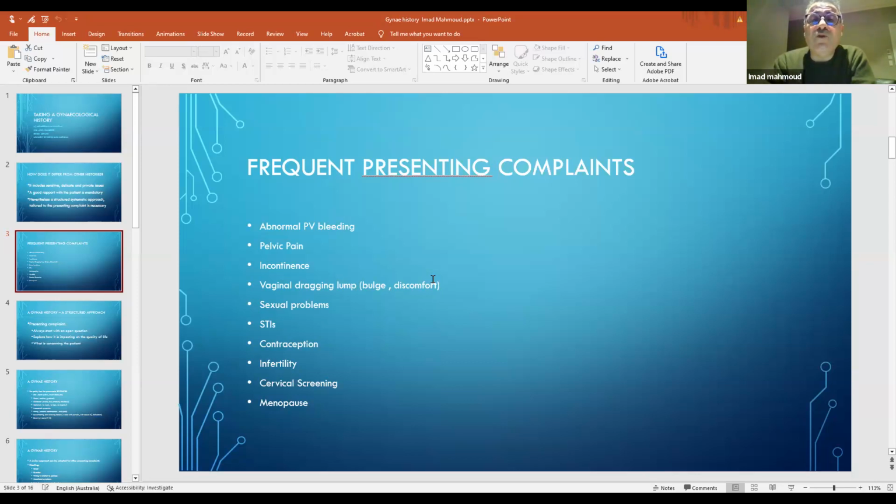They might come with an abnormal smear and you need to manage that, or they might come with a menopause problem. An older lady feeling hot flushes and vaginal dryness and mood changes, sweating, insomnia, all because she's going through menopause.